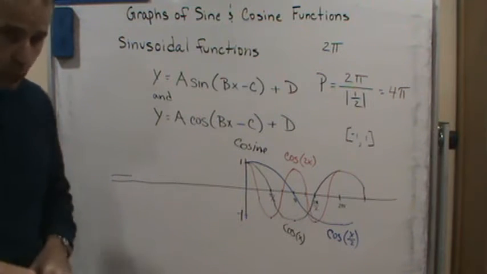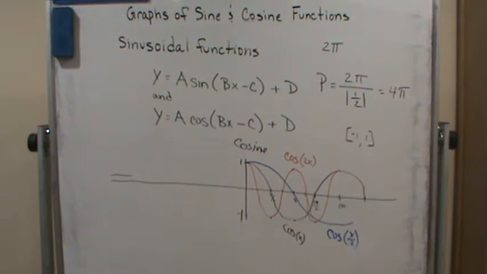Okay, now, what about the midline? Well, the midline is the vertical height from the midline is A. Okay, and the midline here is at 0.